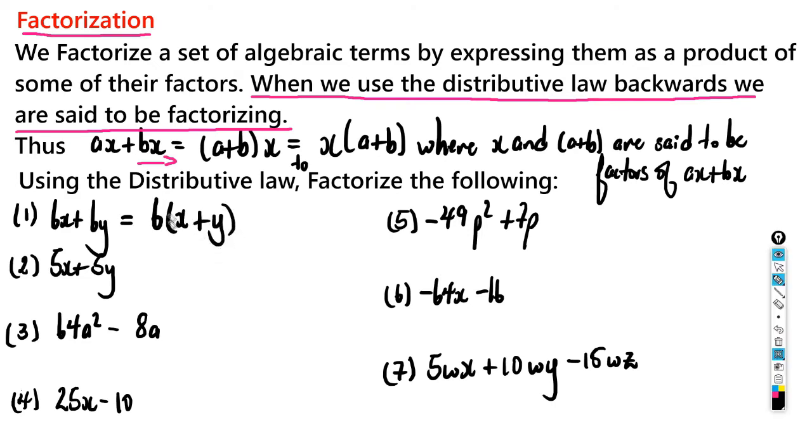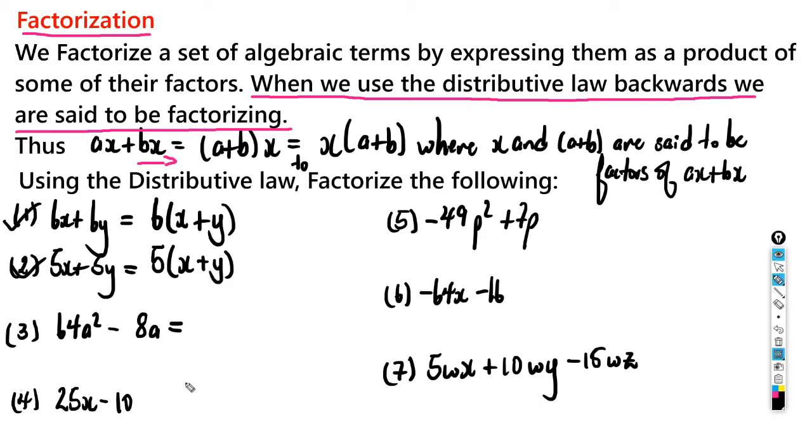So we'll factorize it. We did the distributive law backwards, okay? All right, so let's do the same thing here. We know that 5 can go into 5x, leaving x, and 5 can go into 5y, leaving y. So the same thing, and those are the answers for these. We did the distributive law backwards, right?